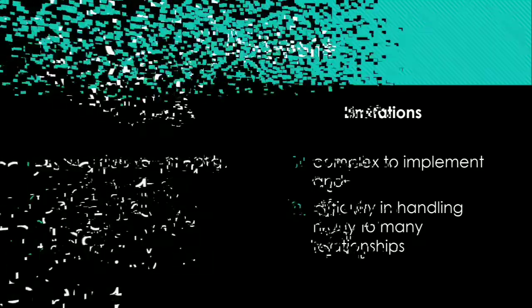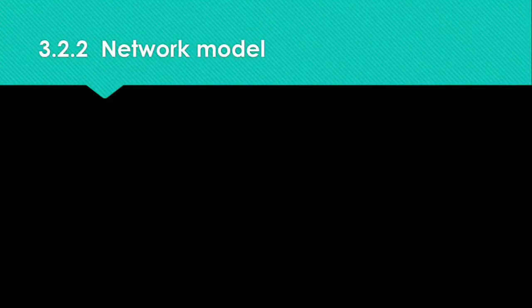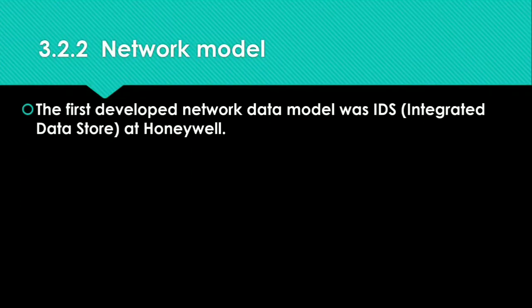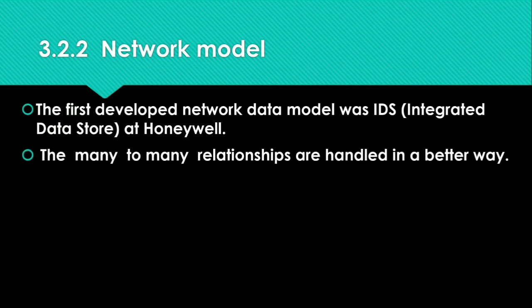Now let us move on to the second model, that is the network model. In the network model, the very first model was designed and it was named IDS, that is Integrated Data Store. Here many to many relationships are handled in a better way. Handling many to many relationships was not so easy in the hierarchical database model.